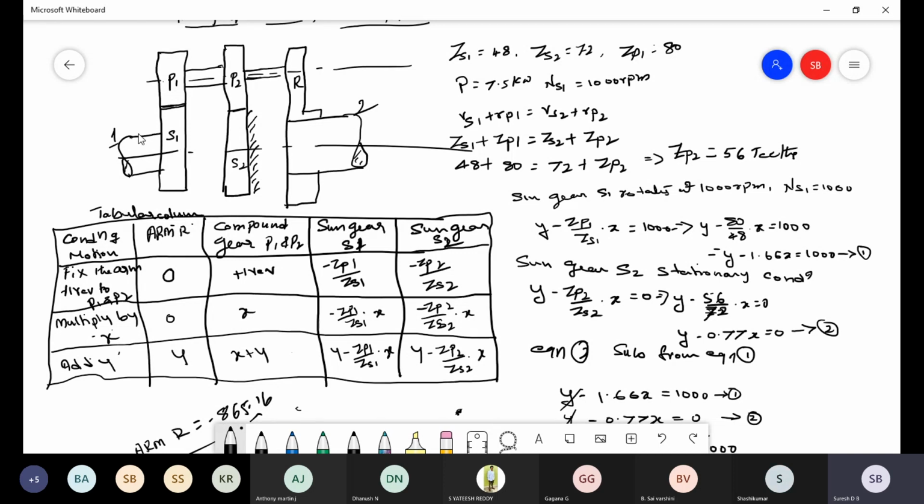S1 is the sun gear, rigidly connected to the input shaft. This is the driving shaft, and this is the driven shaft.